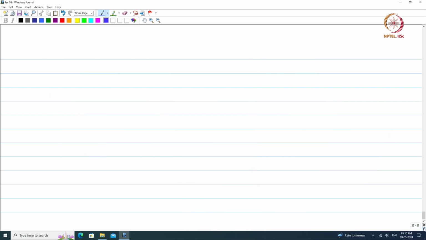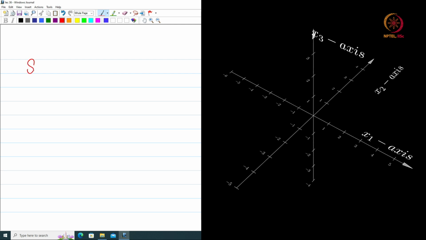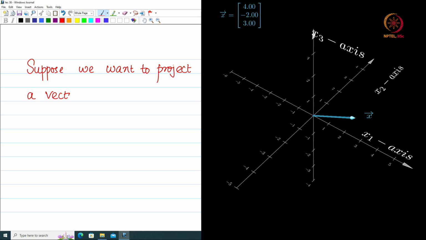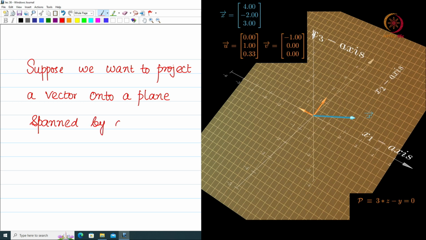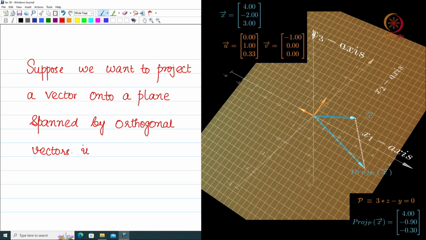Now suppose we want to project a vector onto a plane spanned by two orthogonal vectors, let us say u and v.